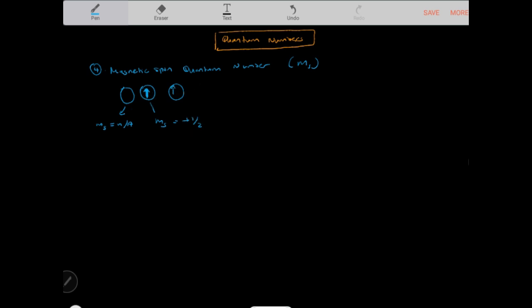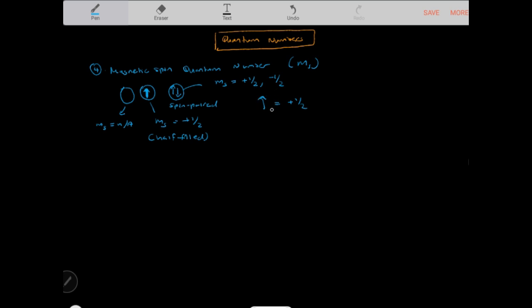If you have a spin-paired orbital, like this, right, so this is spin-paired, and this is half-filled. In a spin-paired orbital, MS can take on two values. It can be +1/2 or -1/2. Now conventionally, the upward arrow, we just indicate +1/2, but it doesn't imply clockwise or counterclockwise.